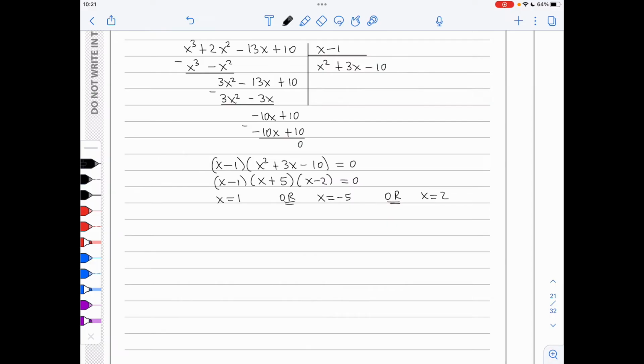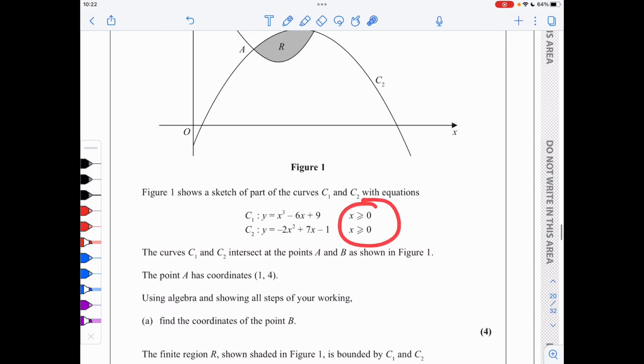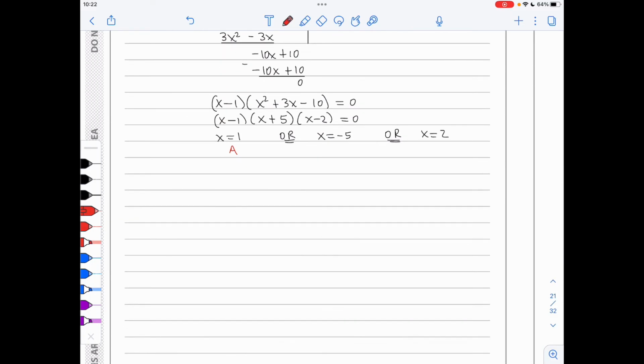We already know that x is 1 is point A. We know that the two curves are only defined for positive values, so we cannot have x is -5, so I will reject this. So it means that the x value of point B is 2.